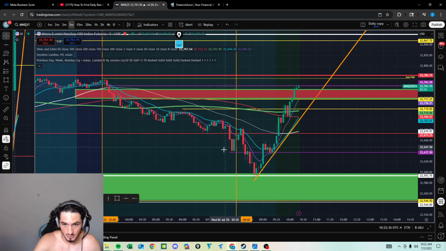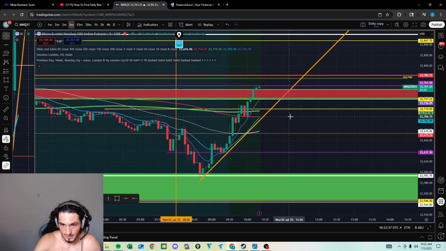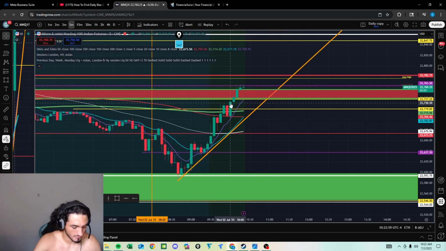So we get that right here where it goes straight down to our hourly level, which is the manipulation. It pulls it down to the hourly level, and then we get that clean reversal move. It started during the pre-market around 8:45 and just continued and rode, and I eventually got in around 10 o'clock. Well, I got in a bad entry, but we're learning.